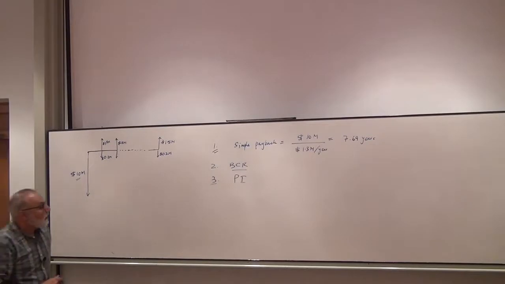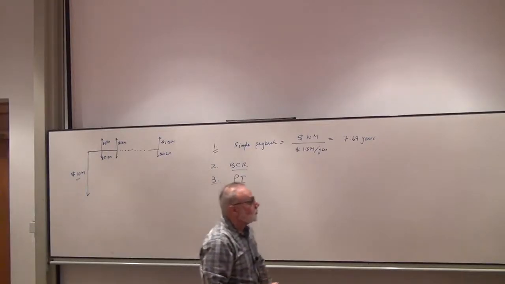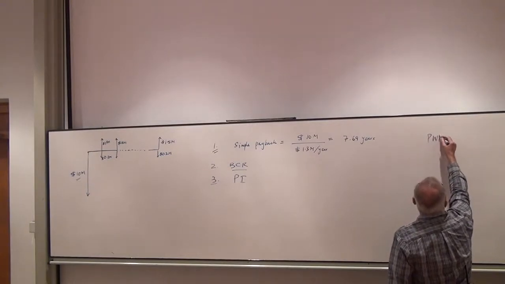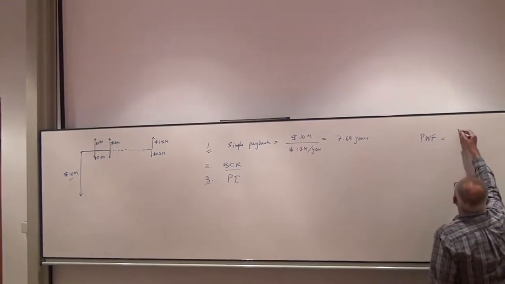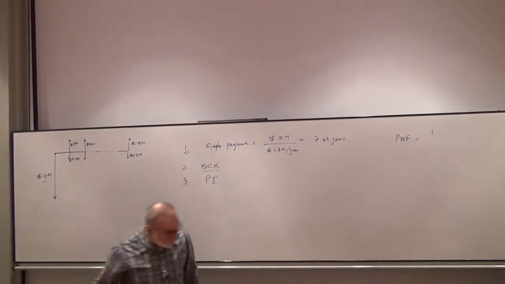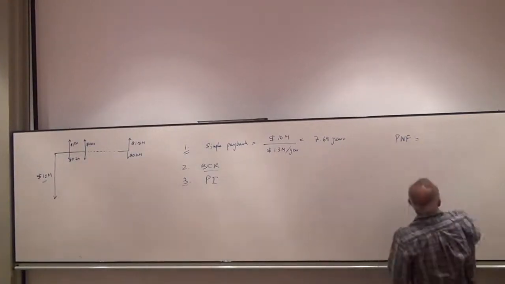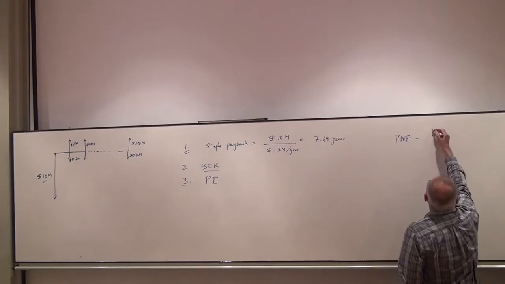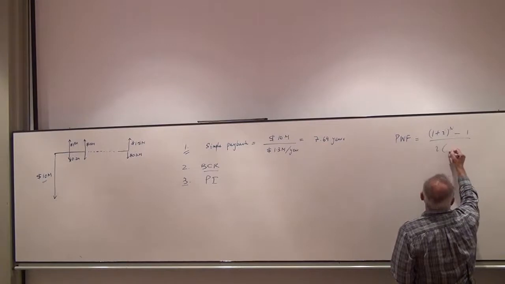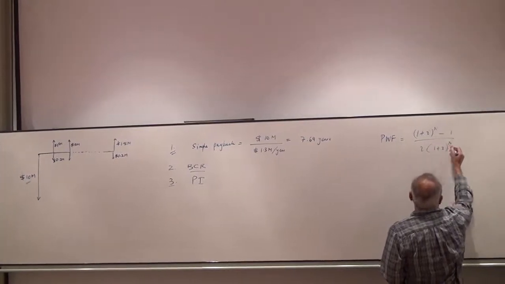So let's find out the present worth factor. The present worth factor is (1 plus i) raised to power n minus 1, divided by i into (1 plus i) raised to power n.